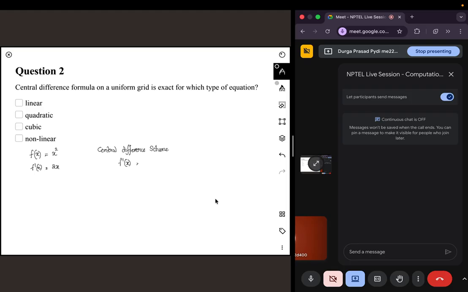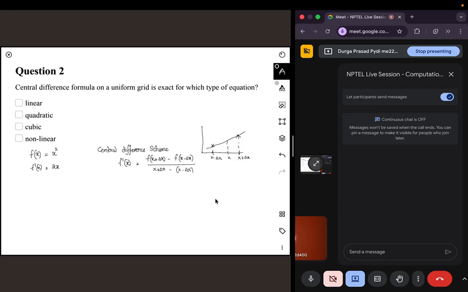So in central difference, we'll approximate this as, if I were to draw on the grid, this value minus this value divided by... Quadratic.